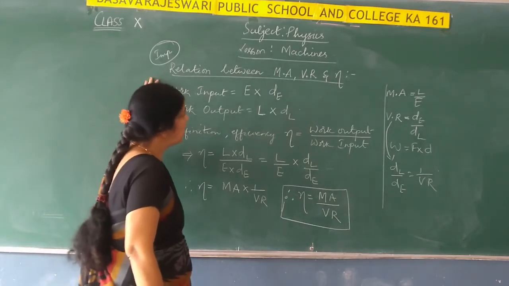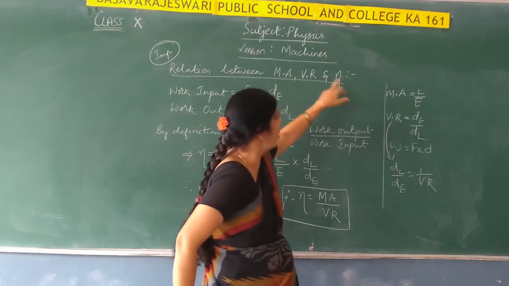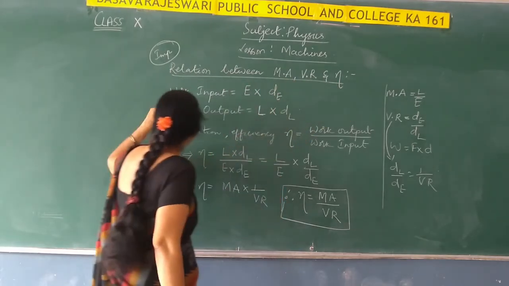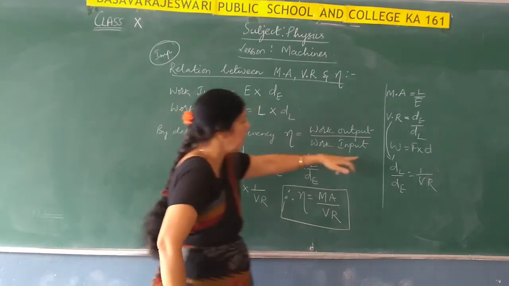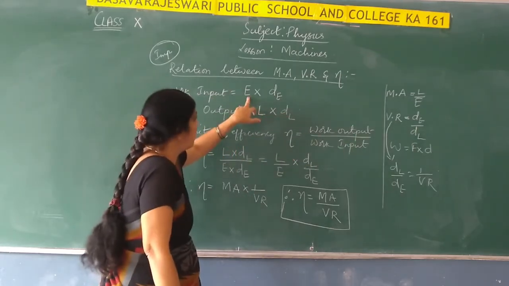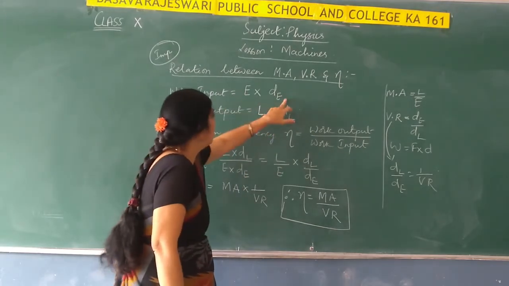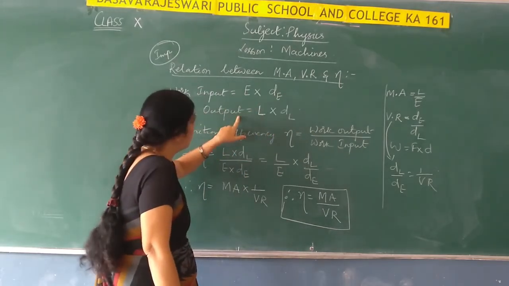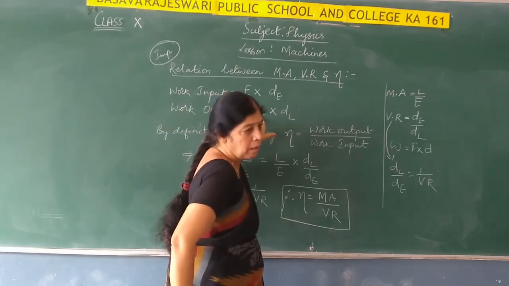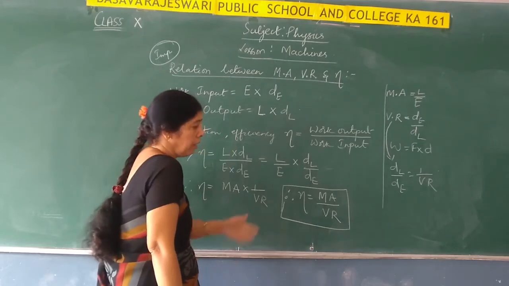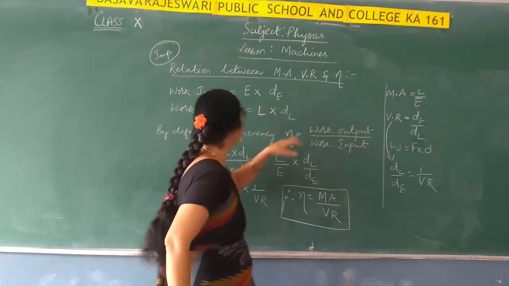Once again I will repeat. To derive the relation between mechanical advantage, velocity ratio and efficiency, you have to take the work input. Work is nothing but force into displacement. So input means I am applying effort and the effort is moved through a distance dE, so E into dE. Likewise, work output will be equal to L into dL. We are able to lift the load, overcoming a certain amount of force called L, and the load moves through a distance dL.